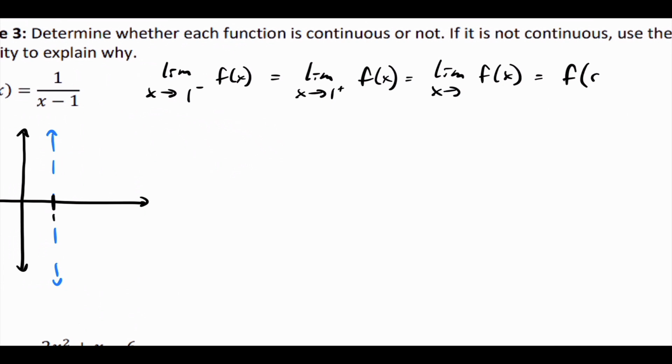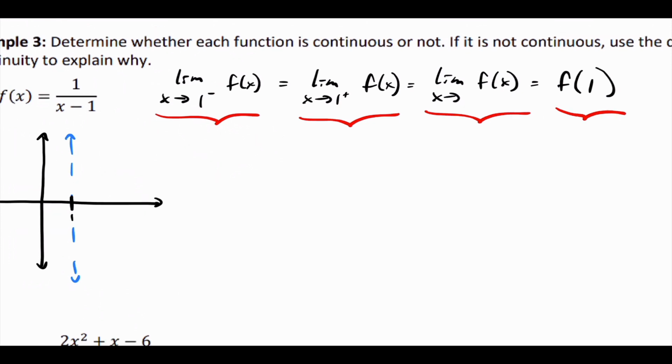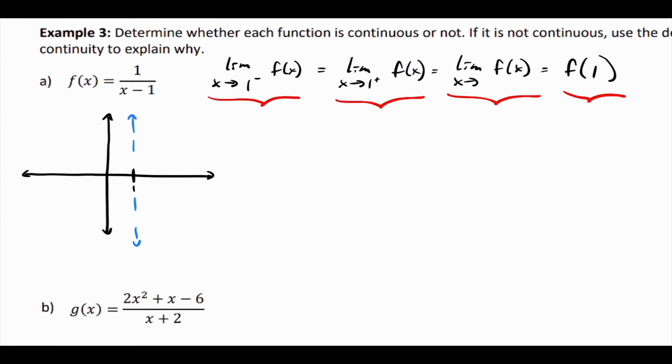And then find h of 1. If they all equal each other, it's continuous at 1.